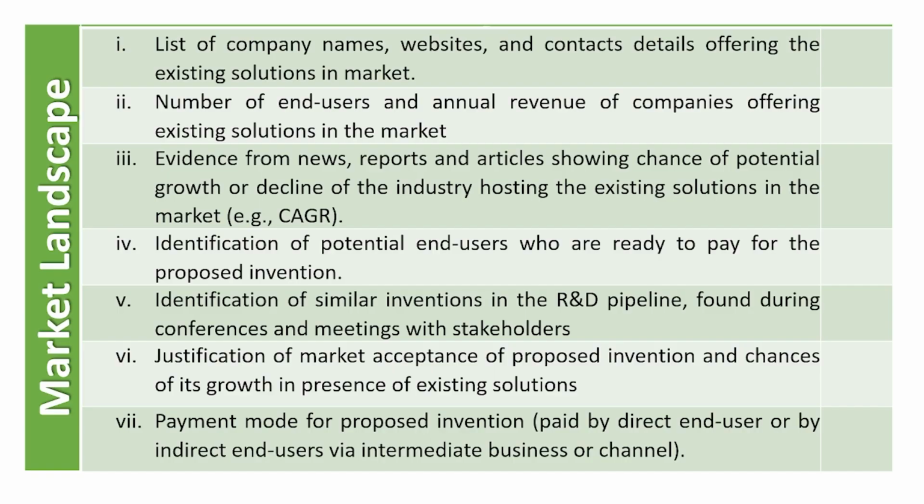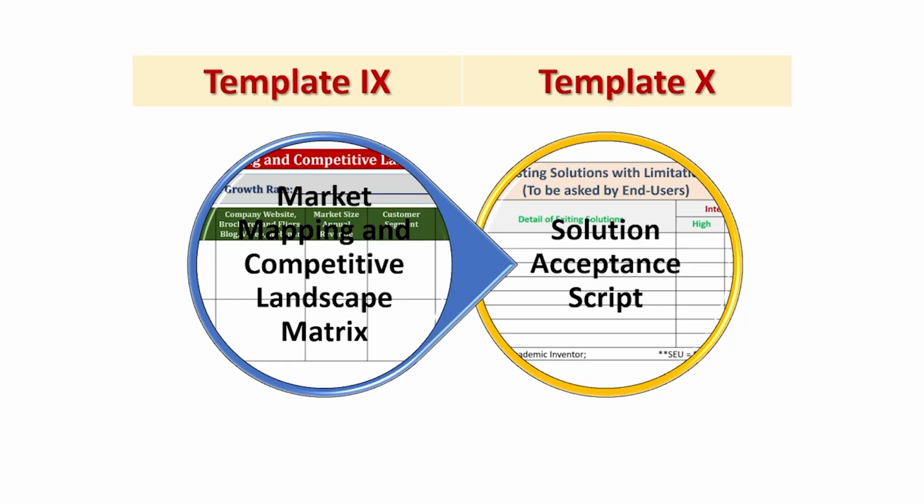The market landscape templates have 7 associated items, and all these 7 associated items we have been learning one by one in previous episodes. Once this has been done, of course, we have learned template number 9 and template number 10 of the LCI. Template number 9 helps us develop market mapping and the competitive landscape matrix, and in today's episode number 18, we have learned template number 10, which is the solution acceptance script.